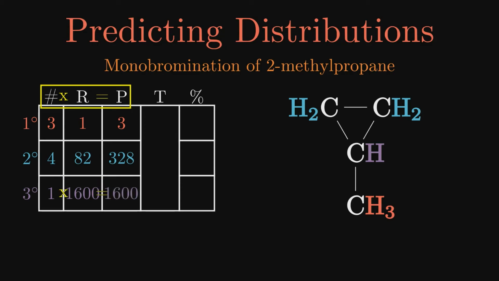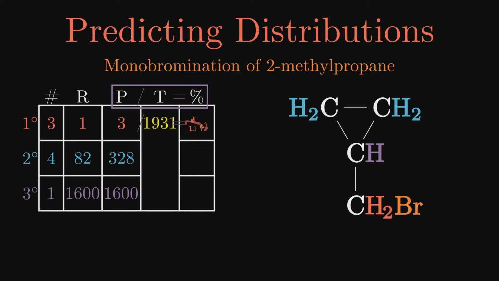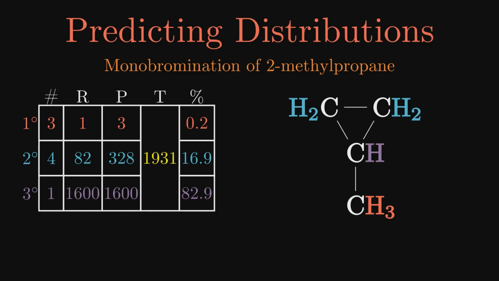Clearly, we would expect the tertiary product to be the major one for the bromination. The sum of the products is 1931, and we use that to divide the individual products in order to determine the percents, which are a measly 0.2% primary, 16.9% secondary, and 82.9% tertiary, which confirms our suspicion that the tertiary product is the major one.